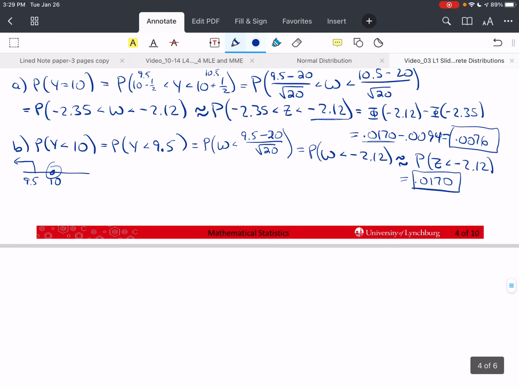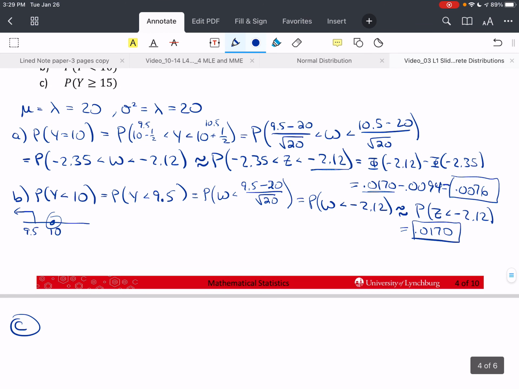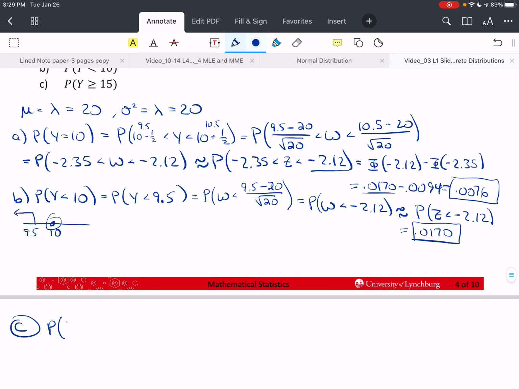And then C, we want the probability that y is greater than or equal to 15. I want to include 15, so I need to go below it, so that's 14.5.